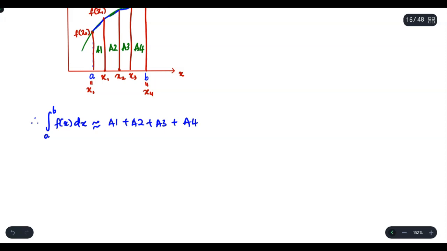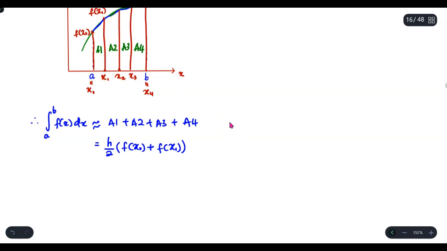Now in terms of the formula, if you look at trapezium 1, by the formula for the area of a trapezium, that would be h over 2 times the parallel sides. For trapezium 1, that is f(x0) plus f(x1), because this is the parallel distance here.